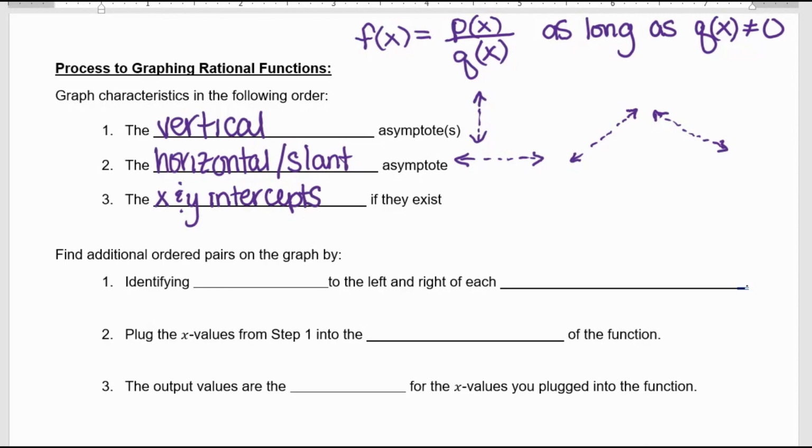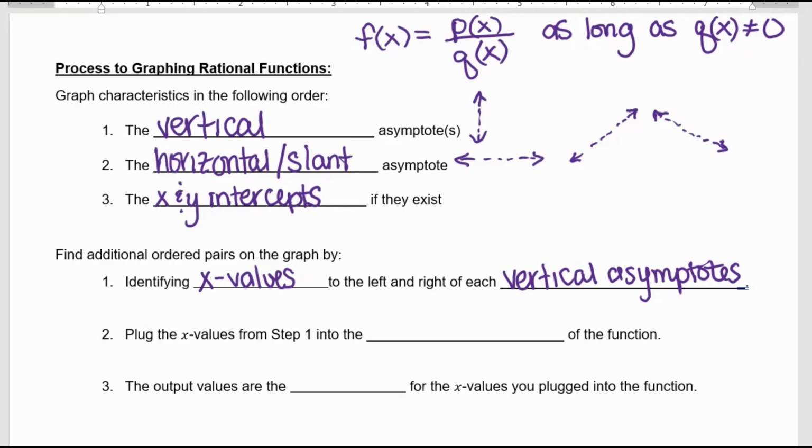After you graph those important characteristics, you next need to find some additional ordered pairs. So what you're going to do is identify x values to the left and right of each vertical asymptote. Remember, our vertical asymptotes are where our functions were undefined and things went all crazy. So we want to know what's happening on either side.